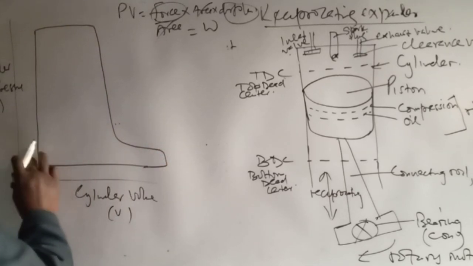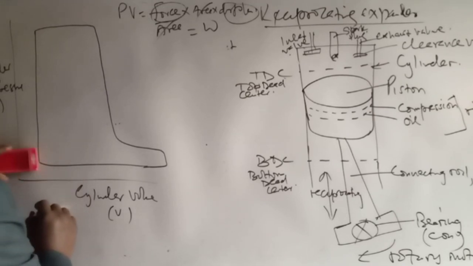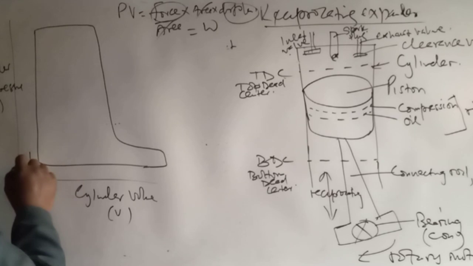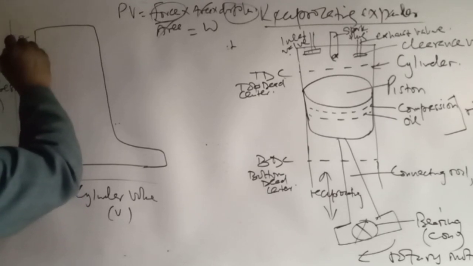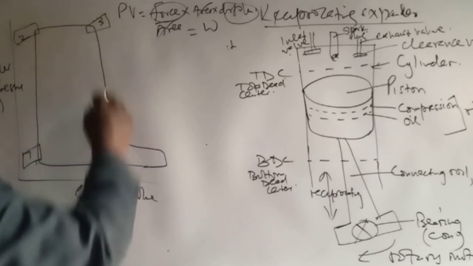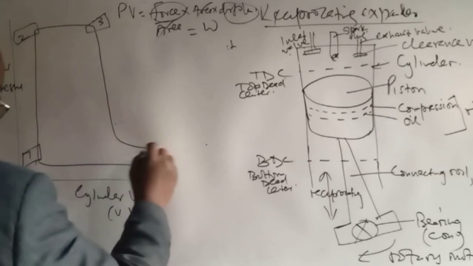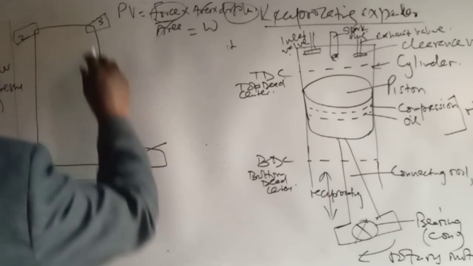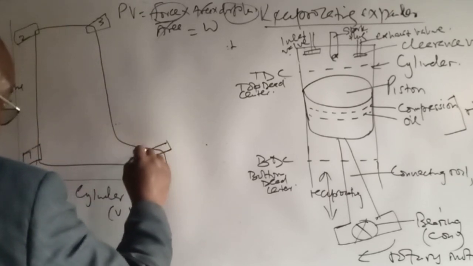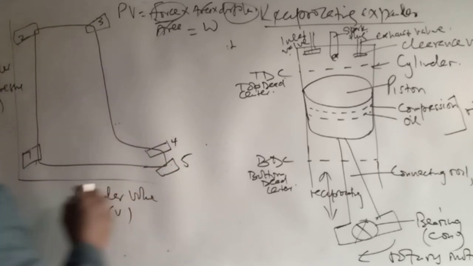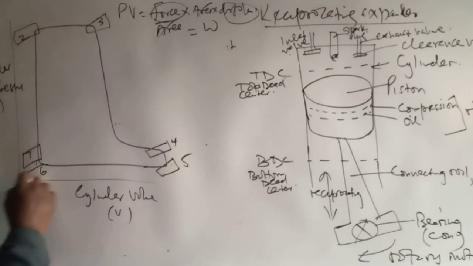so we can have state point 1, then state point 2, state point 3, state point 4, state point 5, and 6.